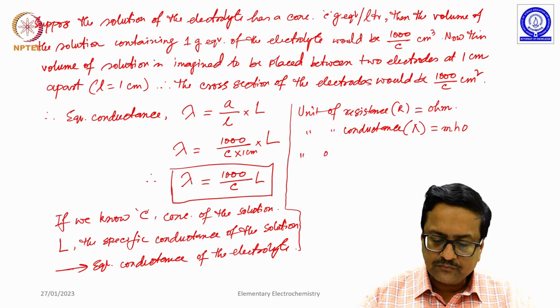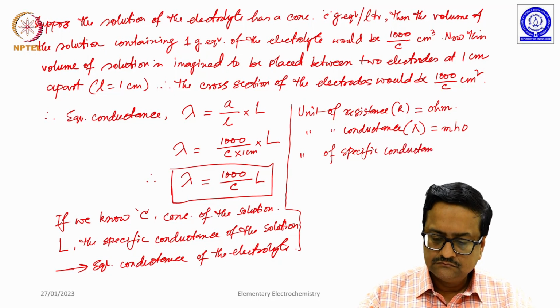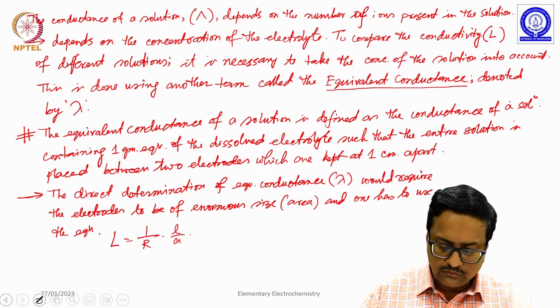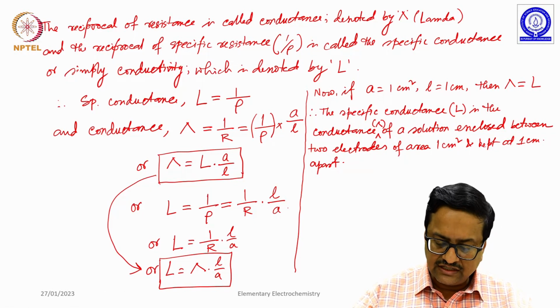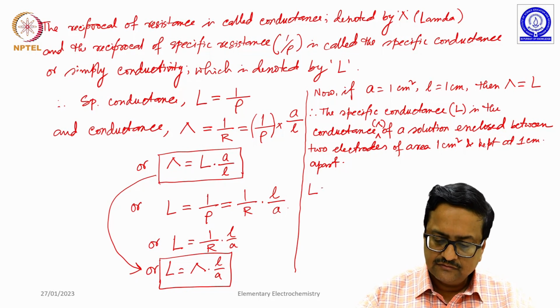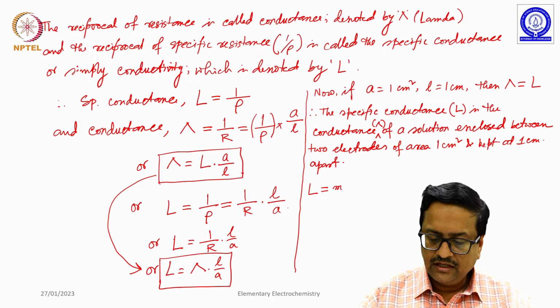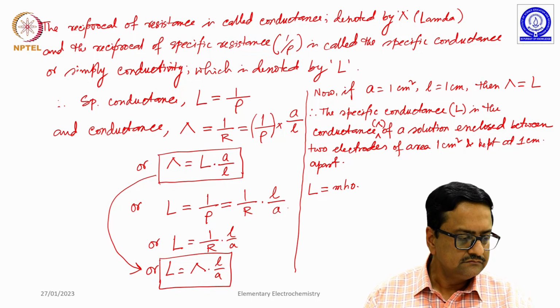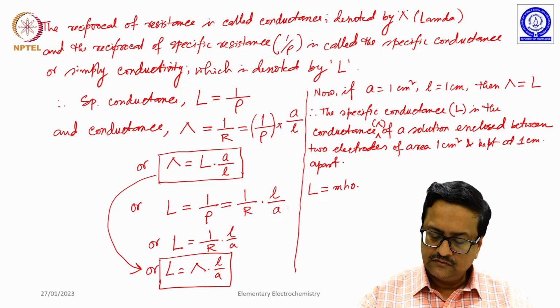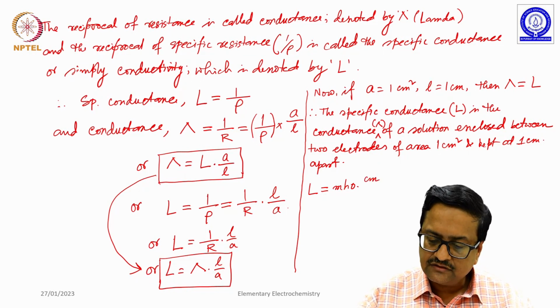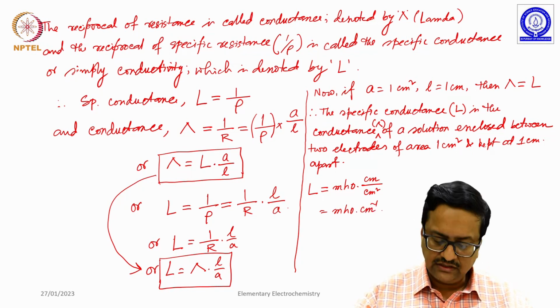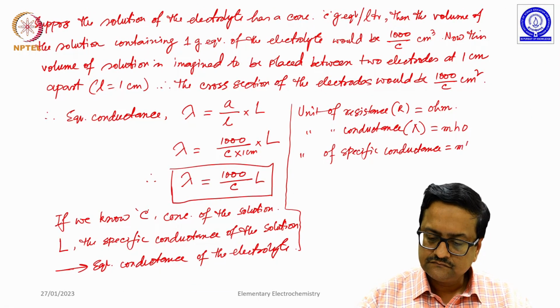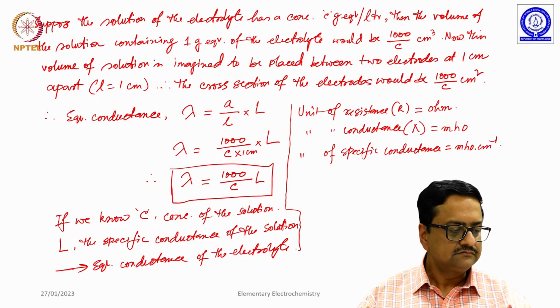Then the unit of specific conductance: if you go back two slides, this is capital L, which will have the unit of conductance, mho, into the unit that comes from l by A. l is in centimeter and A is in centimeter square, so the unit becomes mho per centimeter, that is mho centimeter inverse, correct.